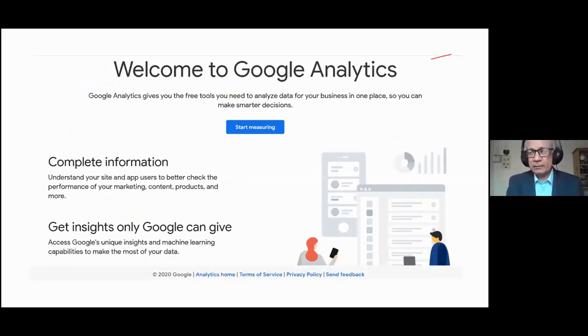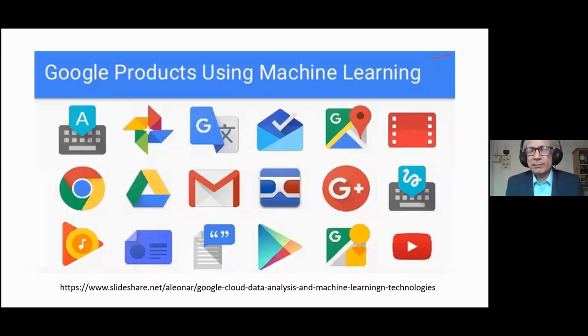This is one of the good tools available to you, Google Analytics. You can add it to your web page, you can add it to your business, and it gives a lot of analytics to process. And Google has many products which use machine learning. You can see all these things, including your Google Drive, your Chrome browser, Google Documents or Gmail, and Google Maps or YouTube.